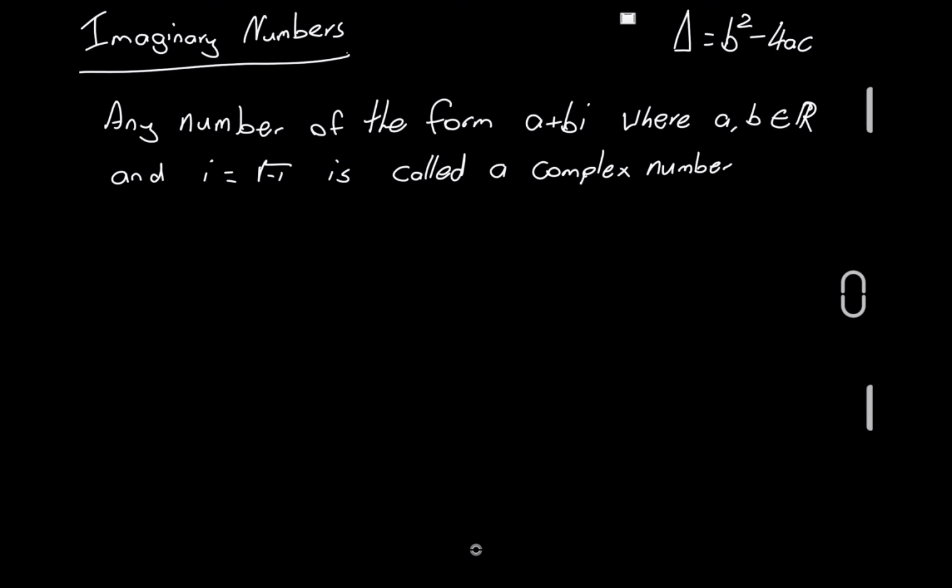Well, it's any number in the form of a plus bi, where a and b are real numbers, and i is the square root of minus 1. And we call this a complex number. You may have tried before to put the square root of a negative number in your calculator. It's going to come up and say error, can't do it. It's just not going to work.